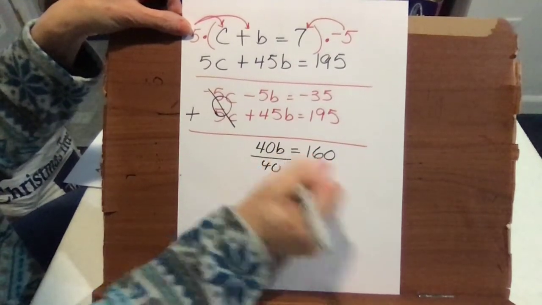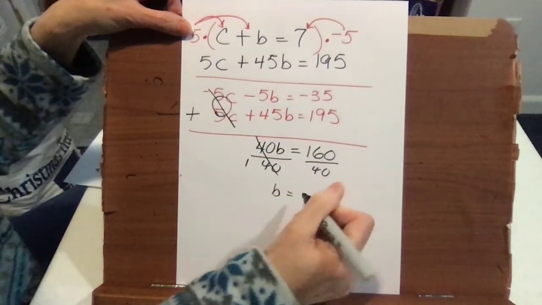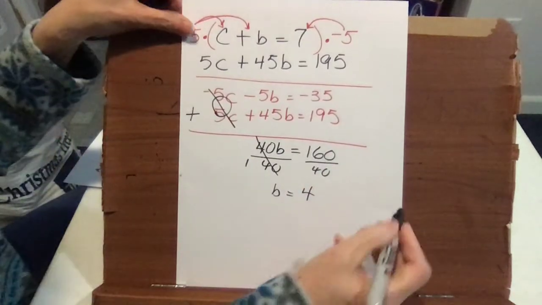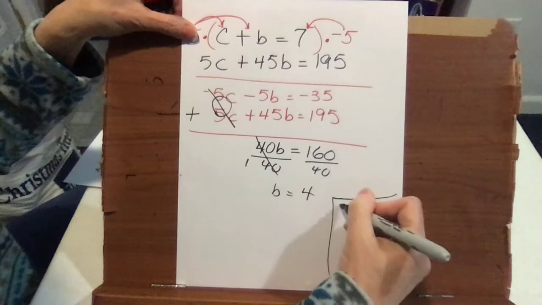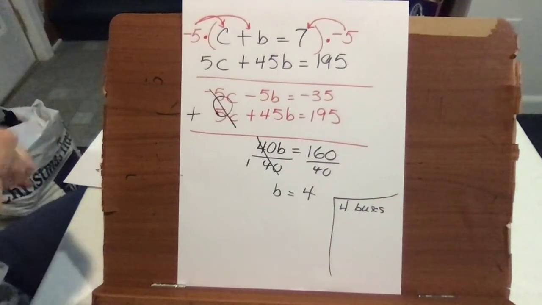Divide by 40 on each side, and we're going to get B equals 4. So what that means is they took 4 buses on the trip, and each bus held 45 students.